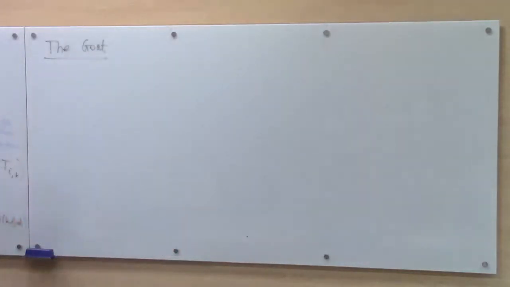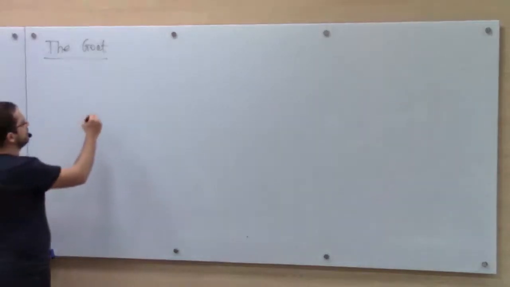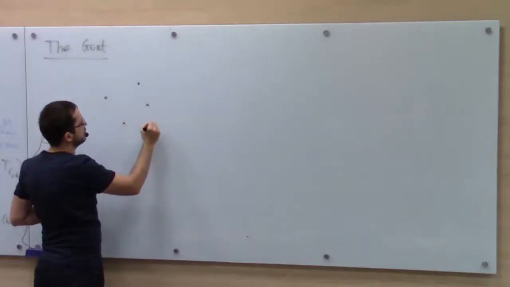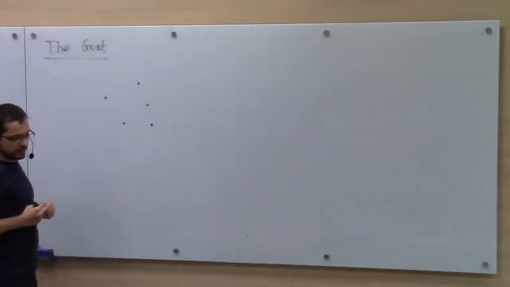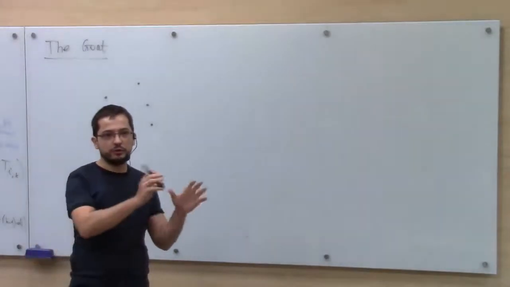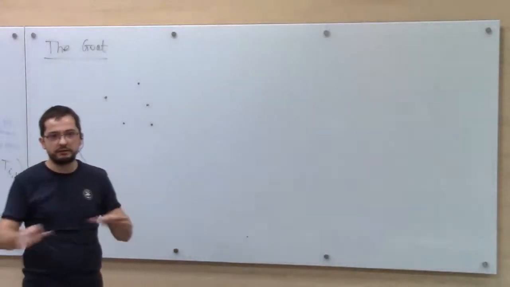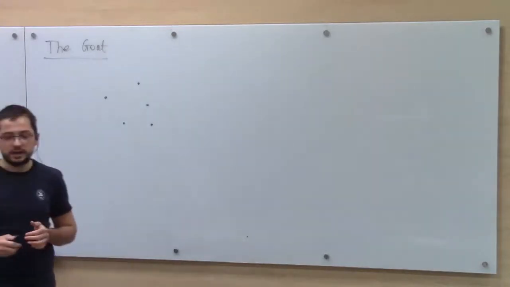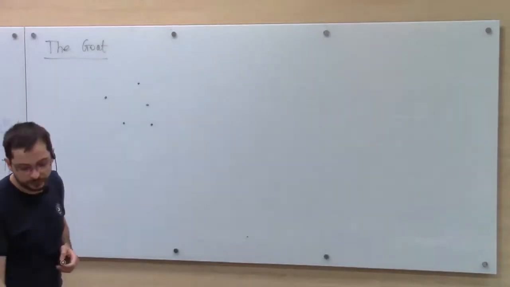So in this problem, we have some points on the plane, and these are points in which you have some stakes in the field. The field is covered with grass, and you have a goat.